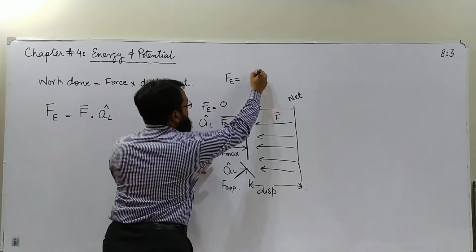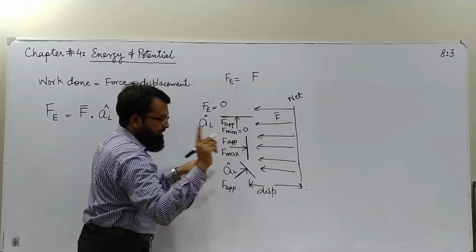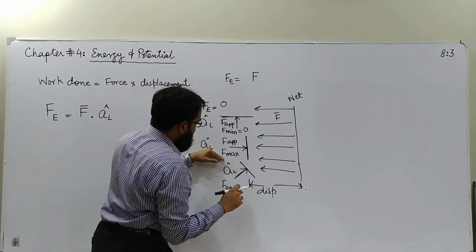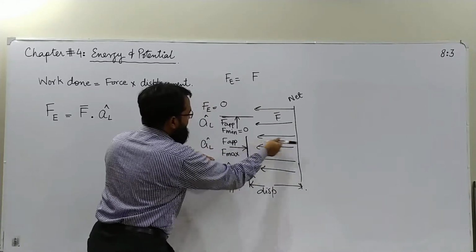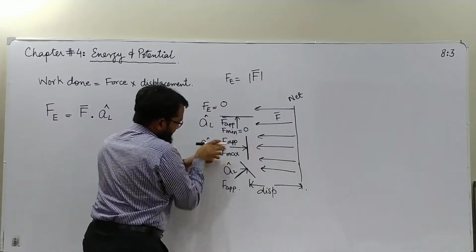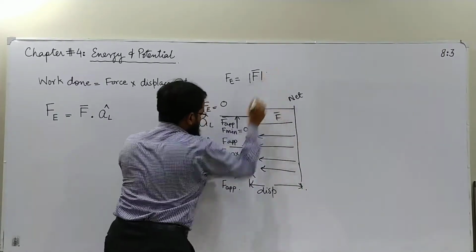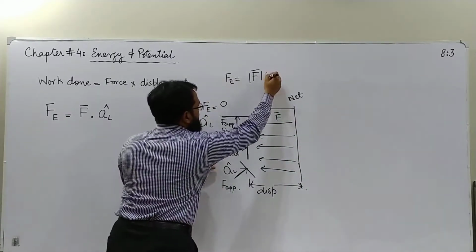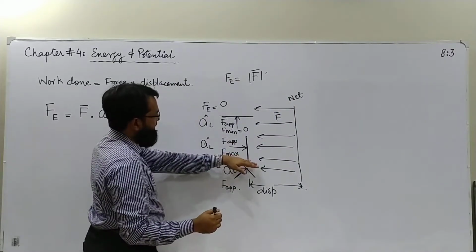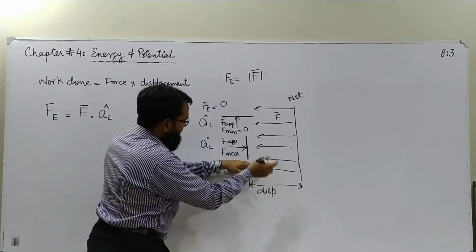Okay, I have made an error deliberately just to show you why things will be clear. So this is the direction of force, the magnitude of the force of the wind, and this is my direction. The magnitude of AL is 1, so I am not writing it. That's it, and the cos of the angle between the two.